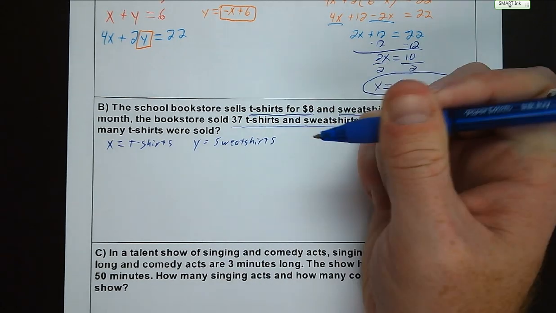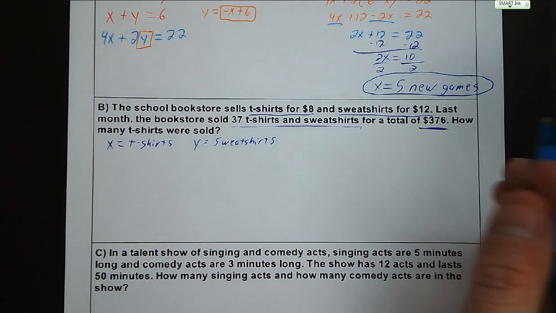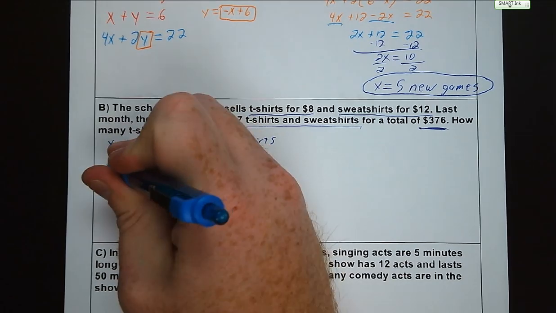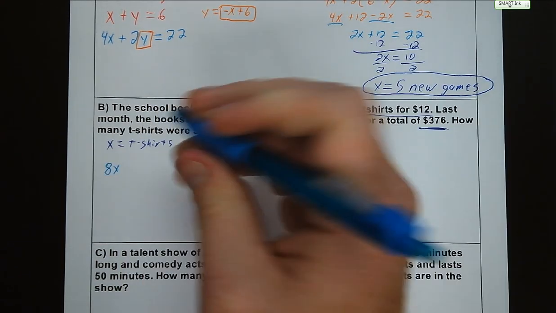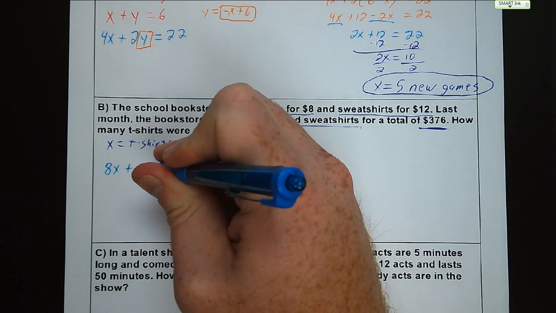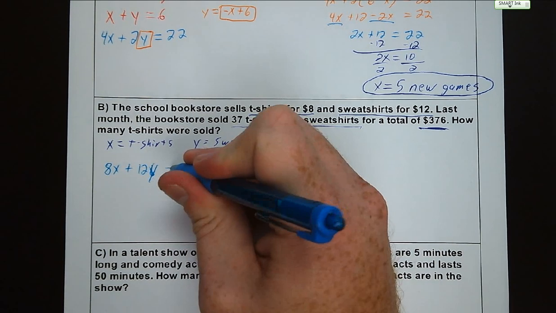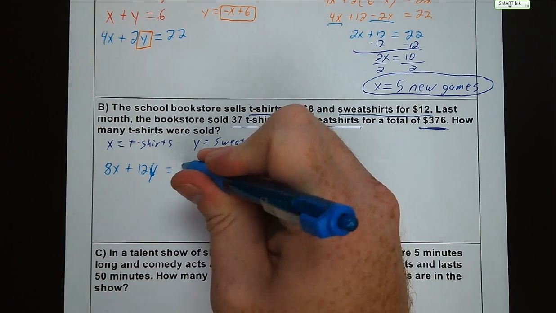Okay, so now we can write two equations. I'm going to write the equation for cost first, so I know it's $8 times the number of T-shirts plus $12 times the number of sweatshirts, and my total sales were $376.